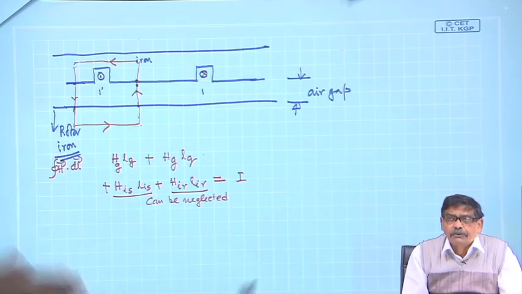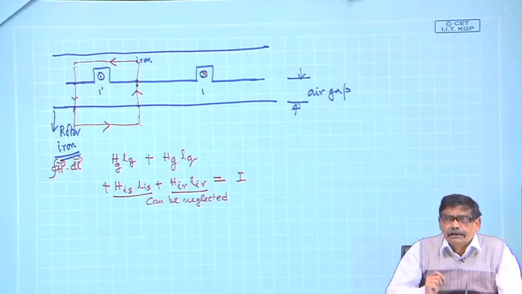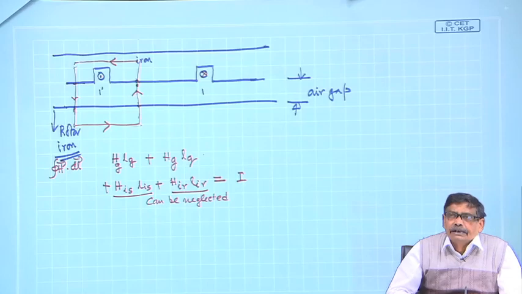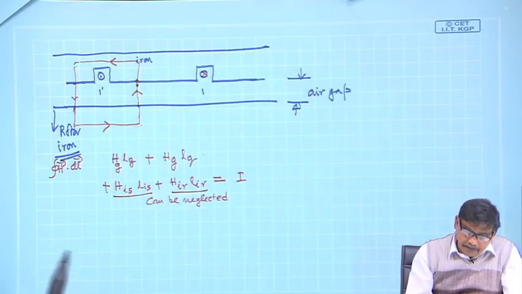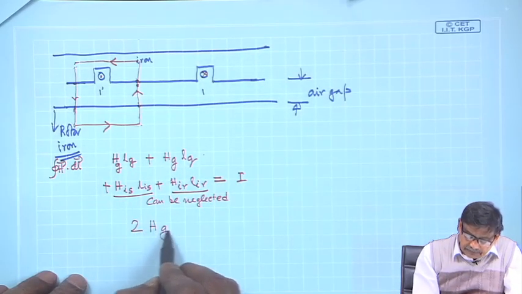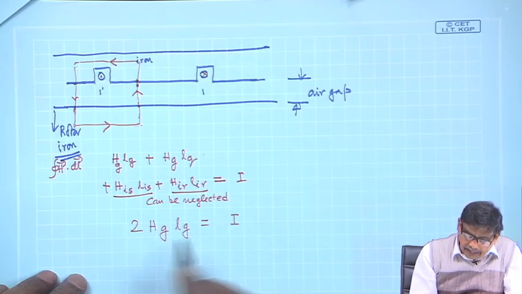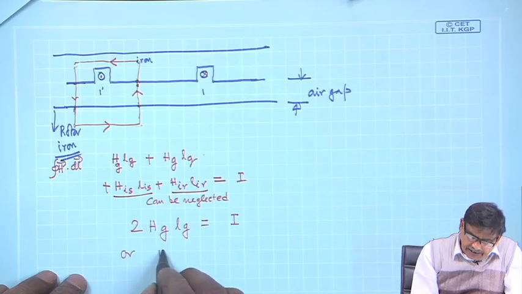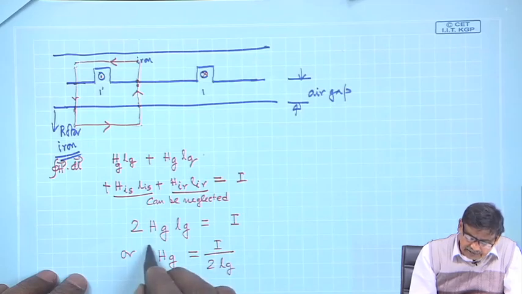It physically means that it requires very little MMF to create a flux in the iron. Most of the MMF will be dropped in the air gap. So, ultimately what you will get is 2 Hg Lg is equal to I, and I will say Hg is equal to I by 2 Lg, that is the thing.